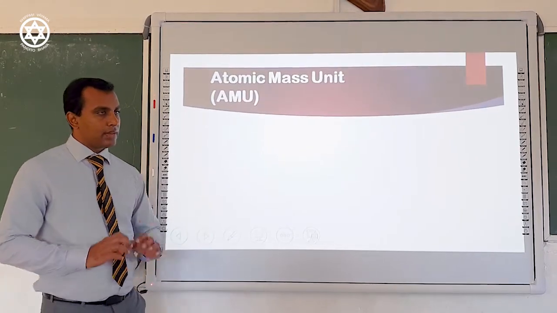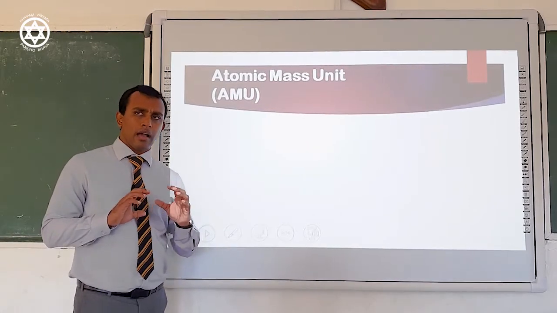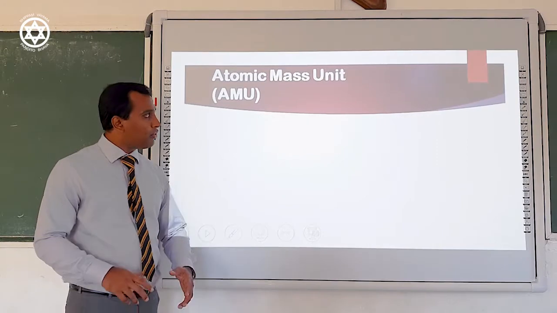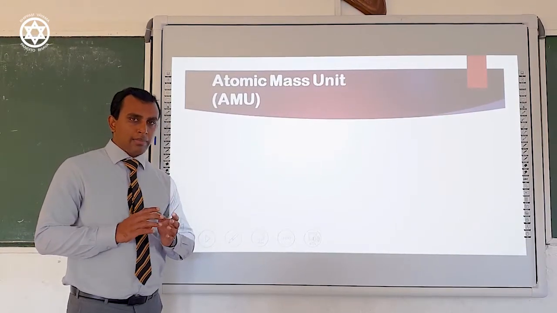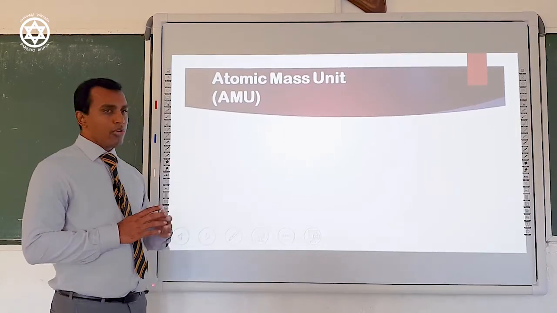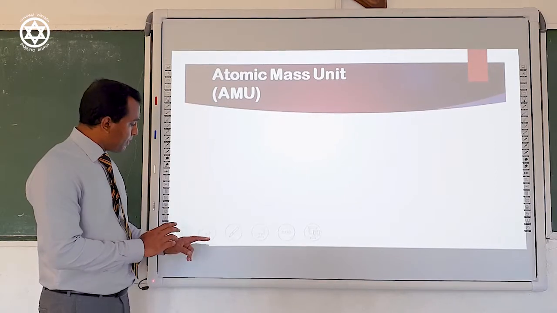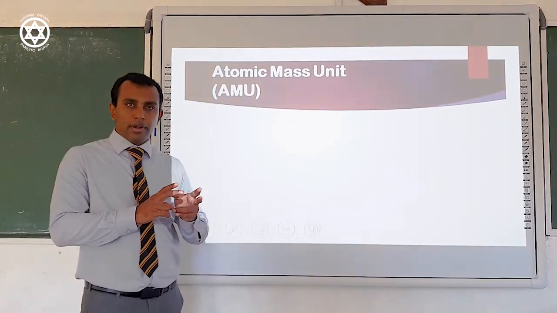Right. So the standard tool we use to measure the mass of an atom or the mass of a molecule, otherwise a compound, is the atomic mass unit. Atomic mass unit, in simple form we call AMU. Atomic mass unit means the mass of 6C12, 6 carbon 12.